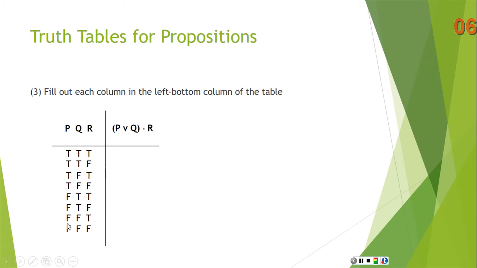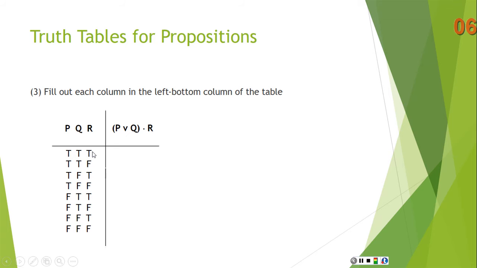Alright, so you fill out the bottom left column of the table. This gives us every single possible combination of truth values for PQR: TTT, TTF, TFT, TFF, FTT, FTF, FFT, FFF.